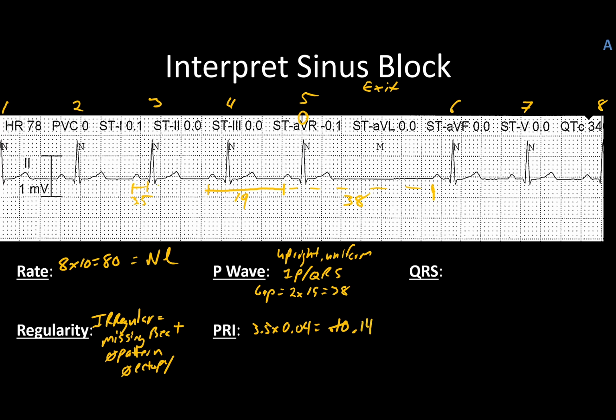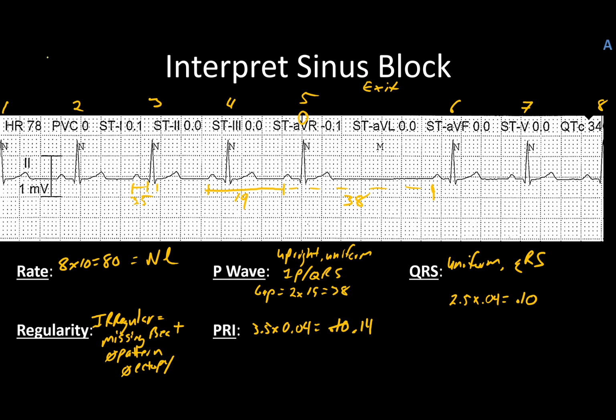And then the QRS is going to be 2.5. As for the QRSs, those are uniform, and they have the QRS pattern. And that's all we really needed. We have a normal rate, a normal PRI, and normal QRSs.